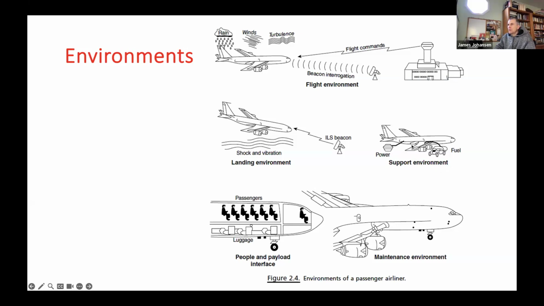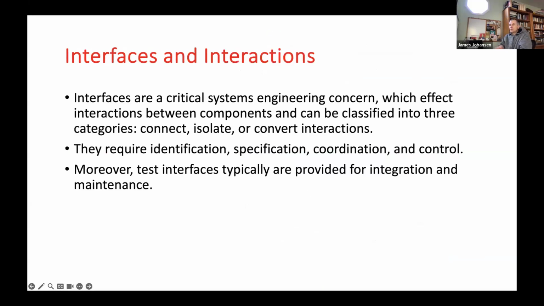It can be refueled even while people are getting on or off the plane, or luggage is being put on or taken off. Then, to get an idea of the configuration, passengers are typically on the top and the luggage is down towards the bottom. You need to have a unique environment for the pilot. And finally, maintenance: having the things accessible and well laid out, so maintenance is going to be easy enough to do. This starts to get into the whole idea of interfaces and interactions. Interfaces are a critical system engineering concern.